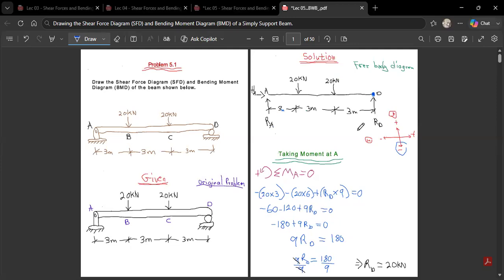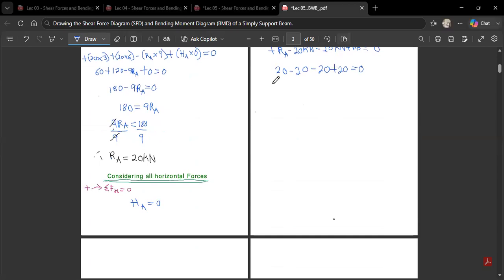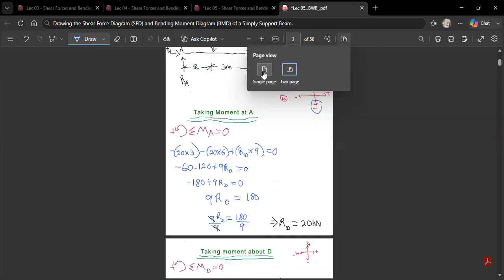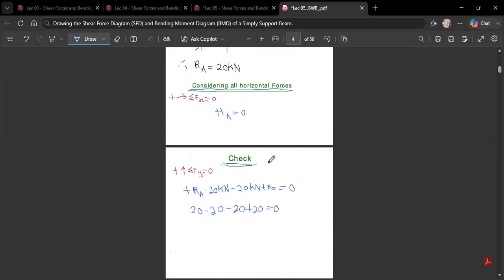The reactions, and the values are 20 kilonewtons. And those are what you're going to use to do the cut in order to get our answers to be able to plot a graph. Okay, good. So this is it over here, as simple as that.